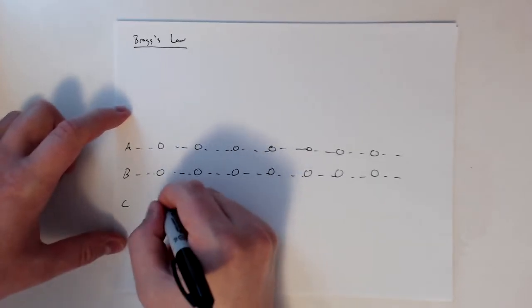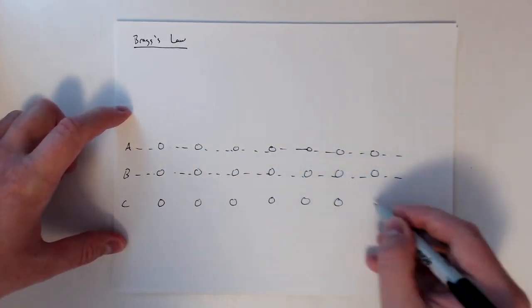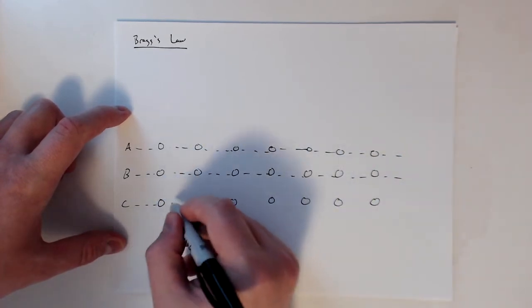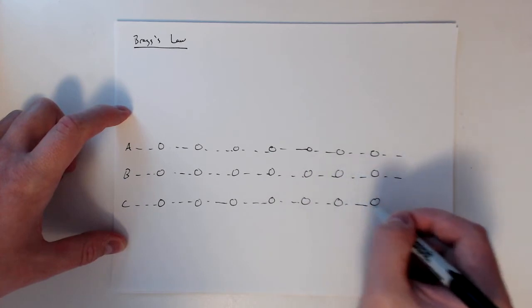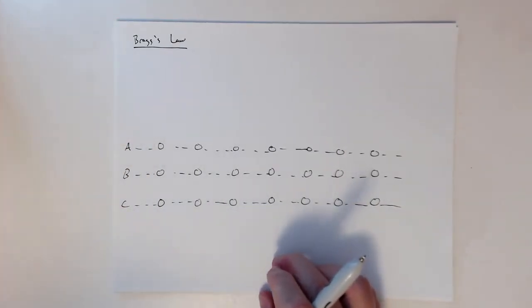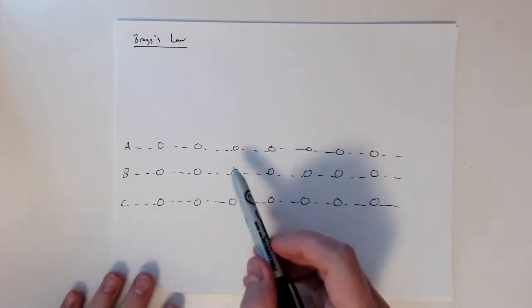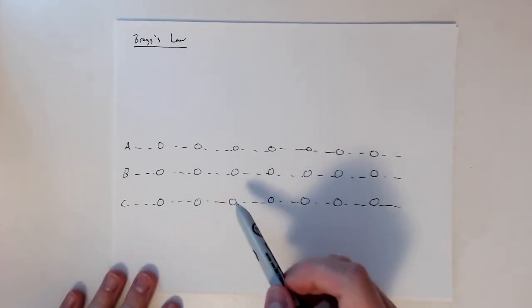I'm going to draw one more just to illustrate structure, but you can imagine there are many more layers to this material. This is our two-dimensional crystalline material, the rows of atoms.